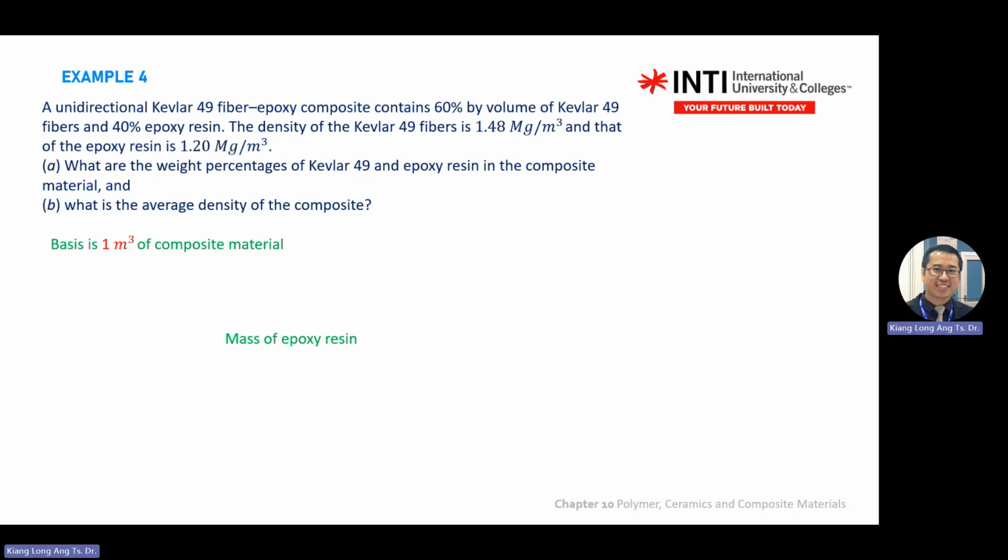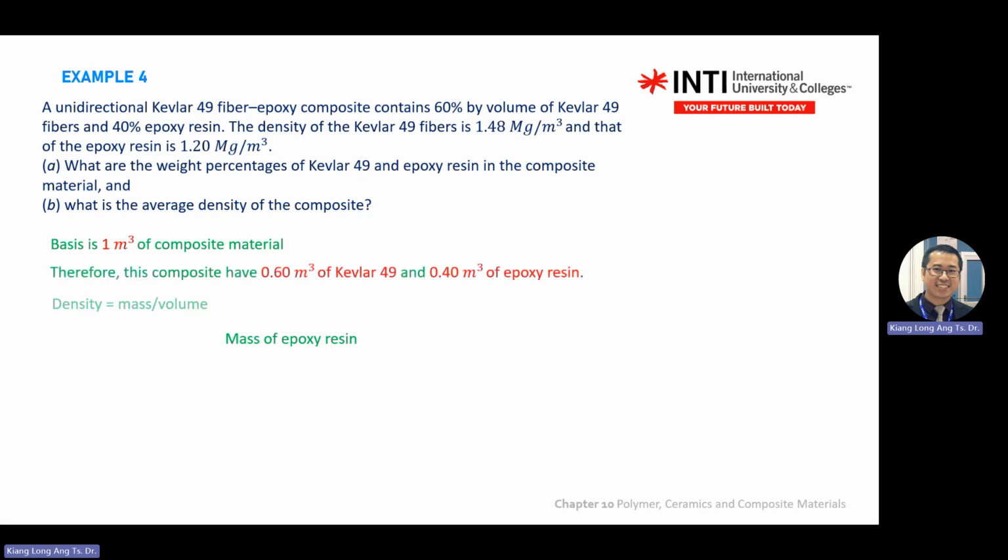So here you multiply by the rho, and you get how many kilogram. Put the total in here, take this one and put it on top, and you get the weight percentage of that particular component. So this still goes back to the previous weight percentage chapter.